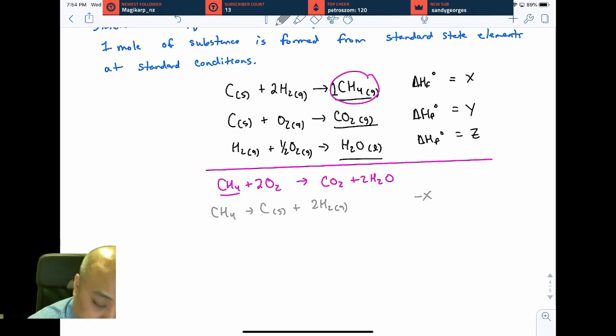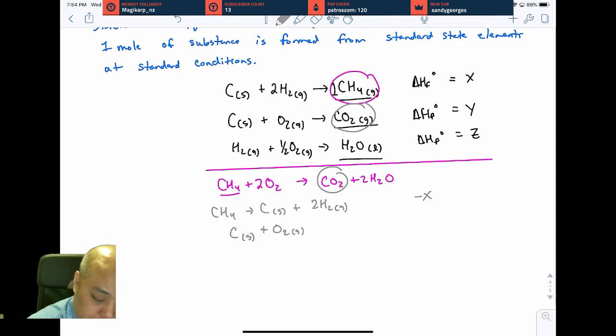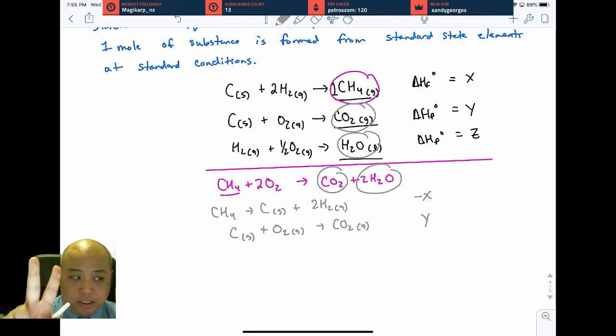CO2 is also unique. It's on the right side, or correct side already. So therefore we leave it alone, so that it's the right coefficient. So it's C solid plus O2 gas yields CO2 gas, which is Y. Then water, H2O, it's on the correct side, but you need 2 of them.